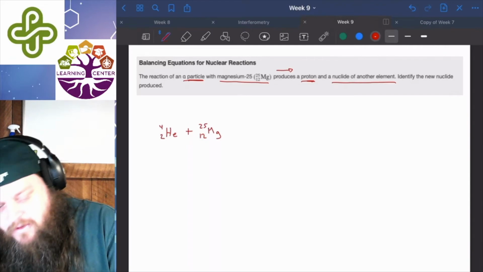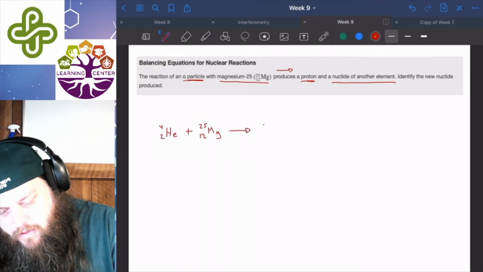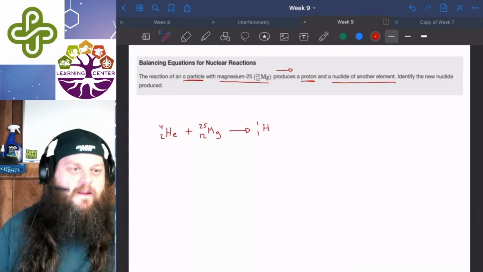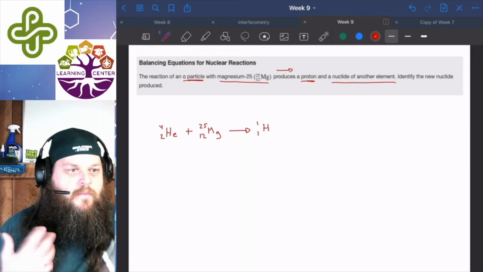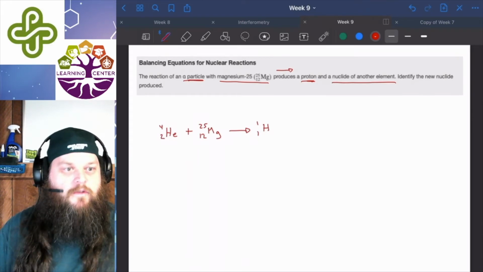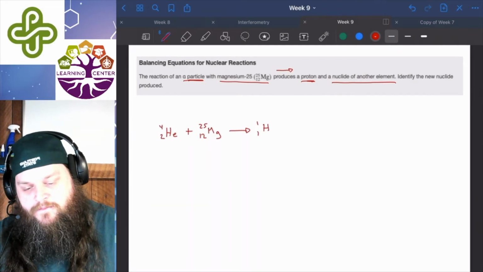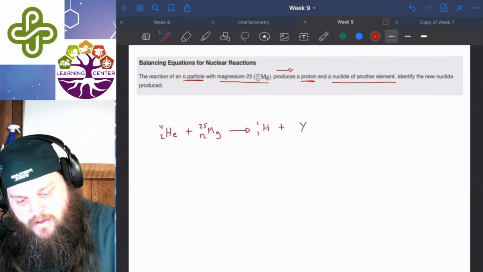And that's producing a proton. So a proton is just a hydrogen atom. That has one proton in there, and zero neutrons in it. So it has a 1, 1 for A and Z, plus some other element. I'm going to call that Y. And we don't know what that is just yet.